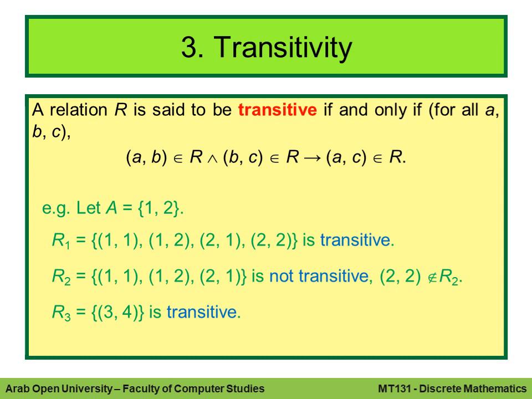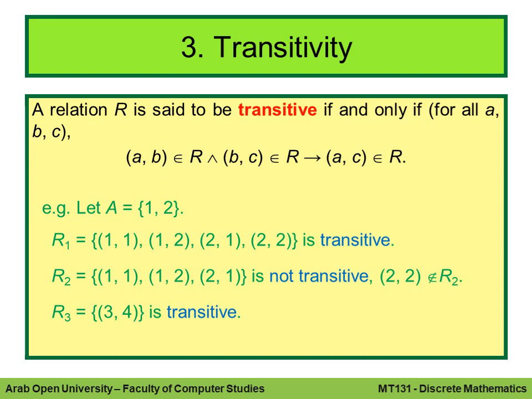Maybe the best example for a transitive relation is divisibility. One of the rules we studied when we studied division is that if a divides b and b divides c, then a divides c. The division relation is an example of a transitive relation.